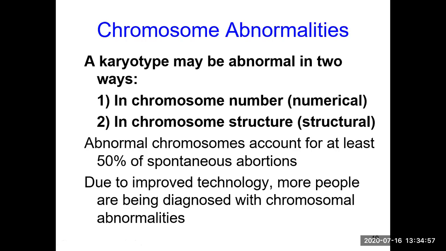Now we move to abnormalities in chromosomes. Chromosomal abnormalities can be either an abnormality in the number of chromosomes, that is called numerical abnormality, or an abnormality in the structure. Now, please remember that in addition to all the live births that occur in the world, there are more spontaneous abortions, because women may not even realize, as some of the abortions happen very, very early on in pregnancy, and it is mostly because of chromosomal abnormalities.